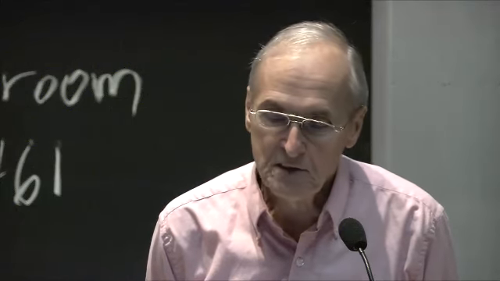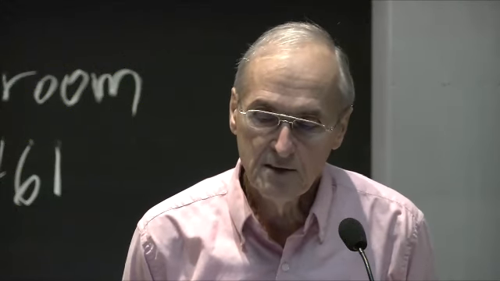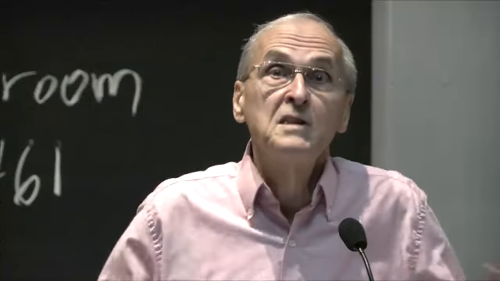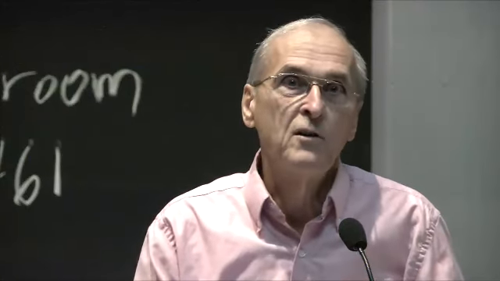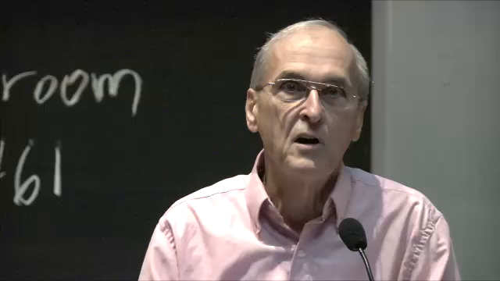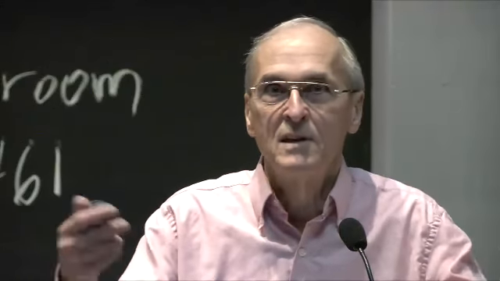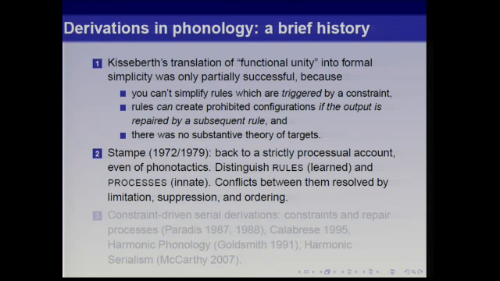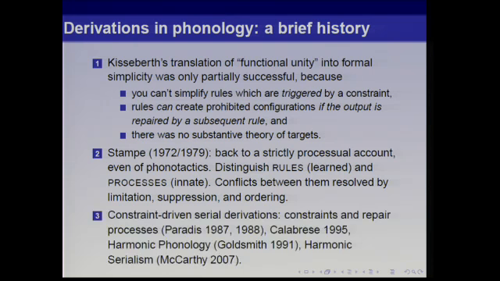There was Stamp's theory, in which you had a strictly processual account, but you distinguished between, on the one hand, rules which were learned and processes which were innate, and they could interact only in certain ways. And then a variety of theories in which you mixed processes and constraints in all sorts of ways that turned out to be formally very difficult to manage.